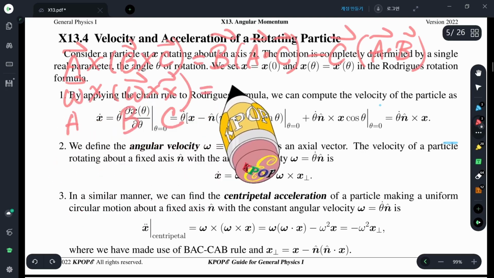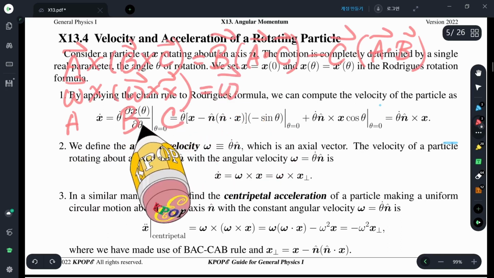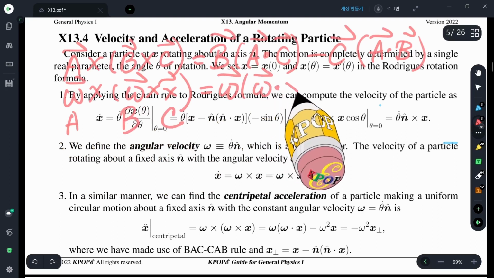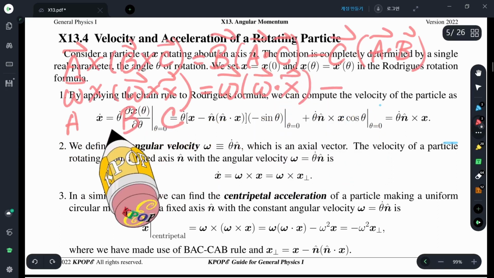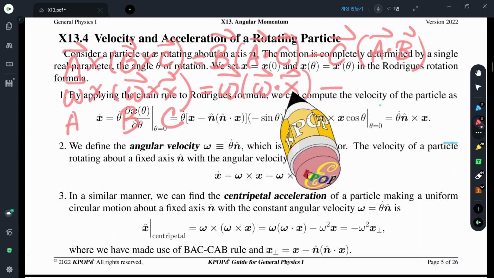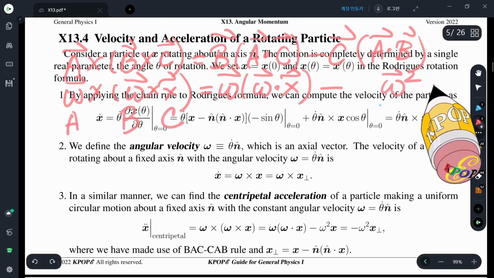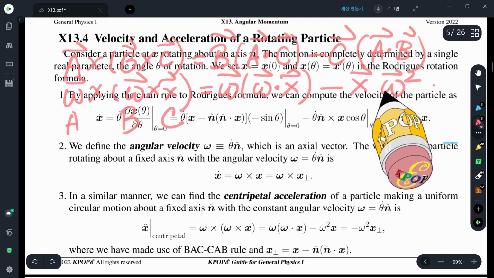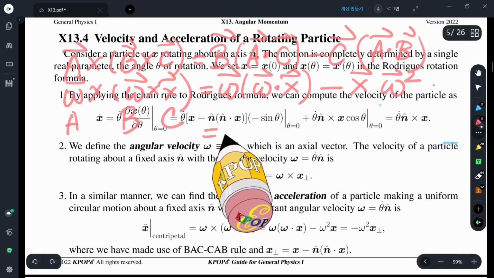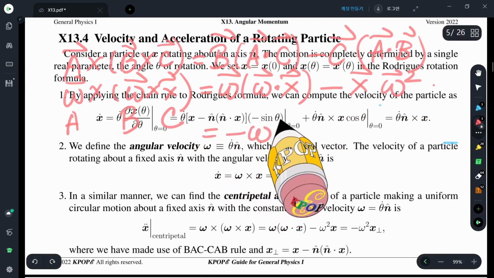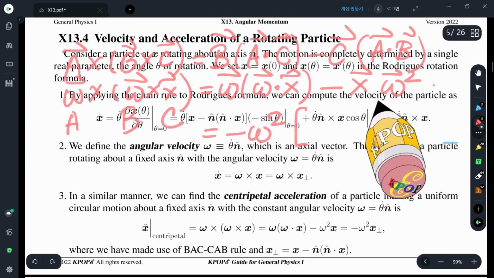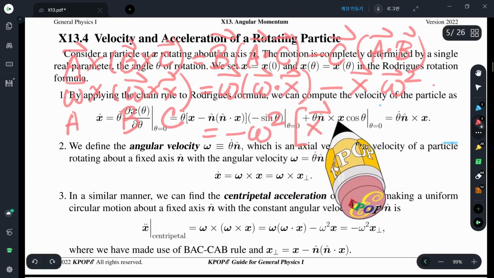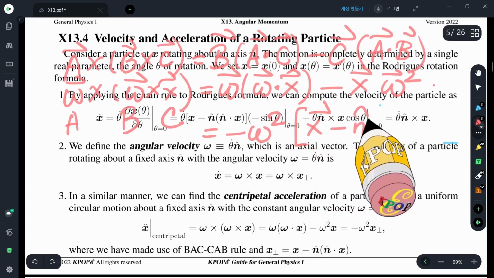So B is omega, and we get omega times omega dot x minus x times omega squared. We can factor the magnitude omega squared out. So minus omega squared, then this is the x factor, and this is minus n hat.